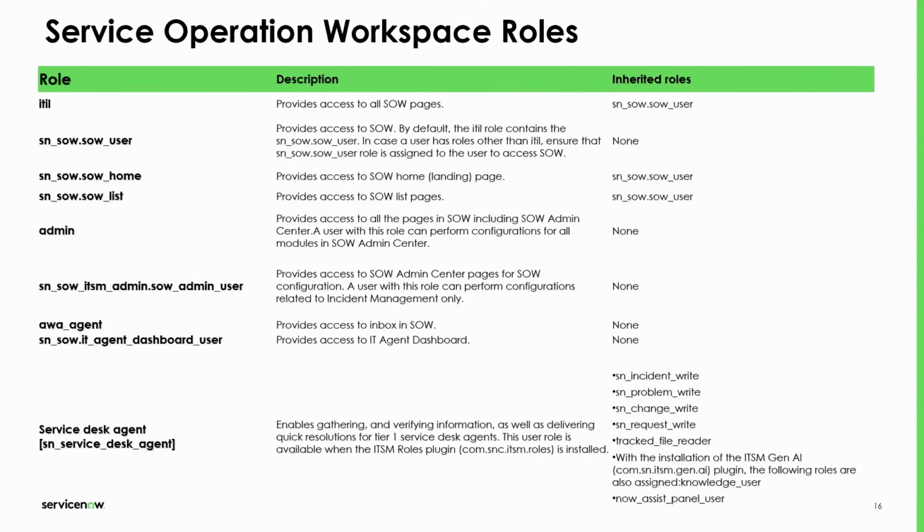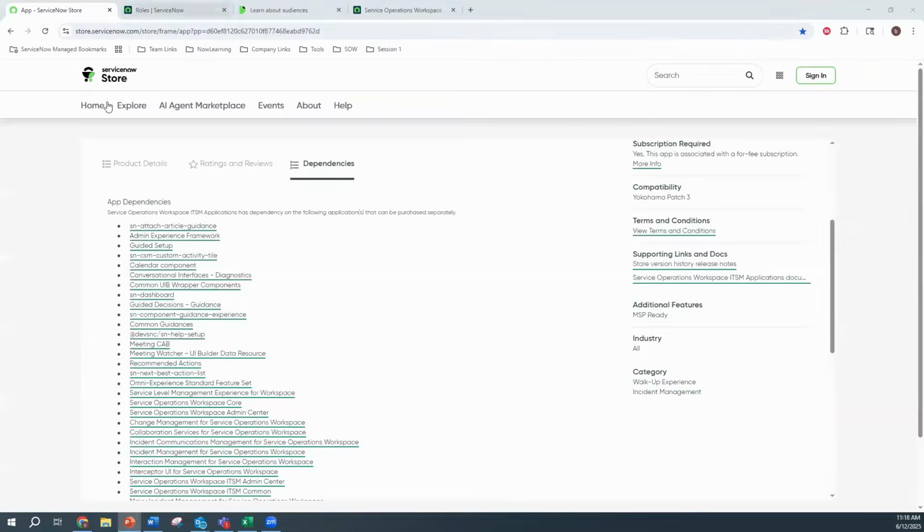So if you don't want to give out that ITIL role that has access to a lot of things in ServiceNow, but you want a team to have access to SOW, you can give them the Service Desk Agent role. It includes read-write permissions for incident, problem, change, and request, the IPCR records, and those write roles automatically include the corresponding read conditions. So I do want to showcase that as well.